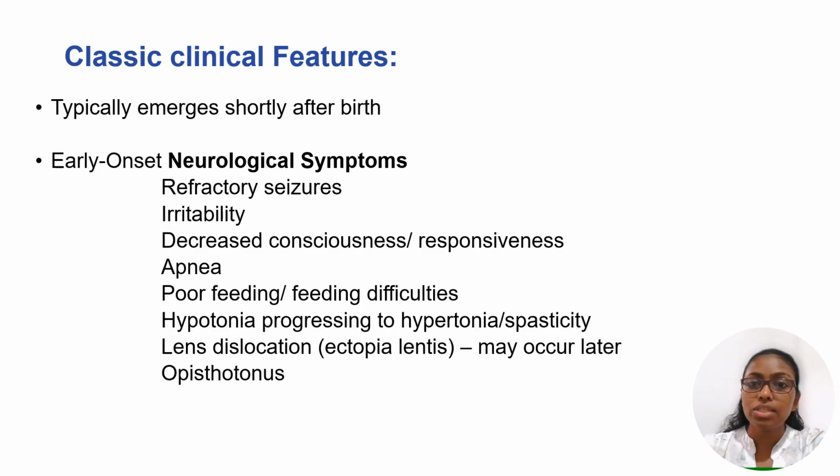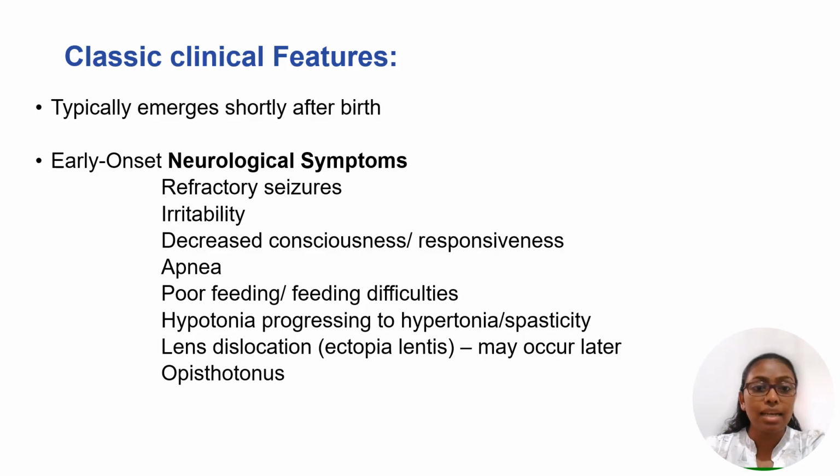Irritability and decreased responsiveness may suggest early encephalopathy. Apnea and feeding difficulties reflect both central and peripheral neurological involvement. Infants may show hypotonia, later progressing to hypertonia and spasticity, indicating evolving pyramidal tract damage.